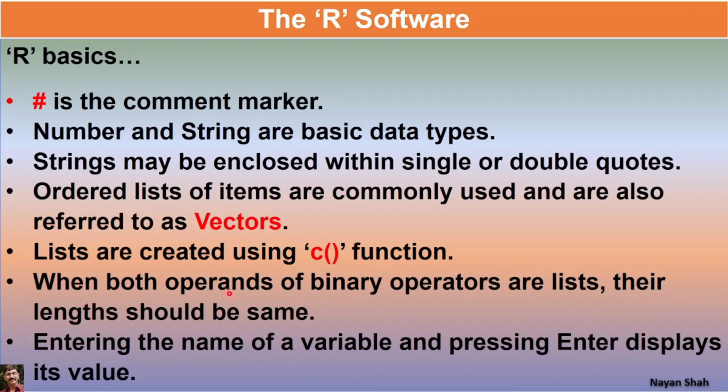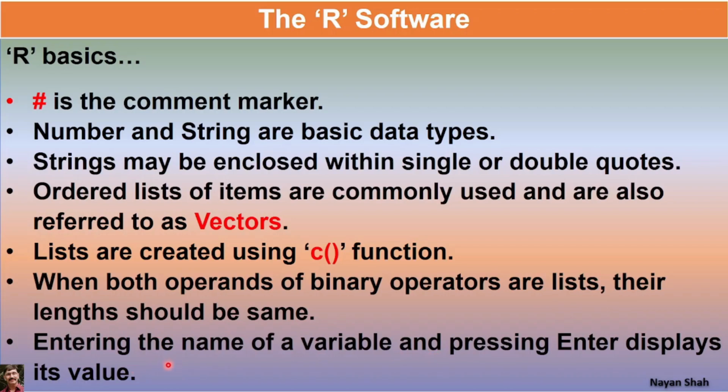So if you are using two lists for any calculation, then the number of items in both lists should be the same. That is, the length should be the same. Entering the name of a variable and pressing enter displays its value.